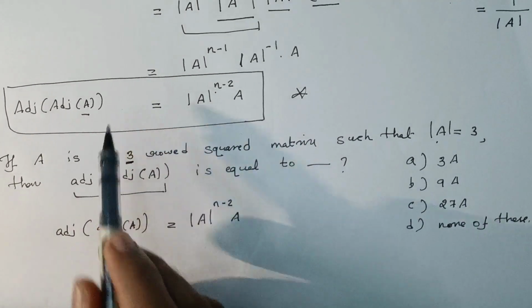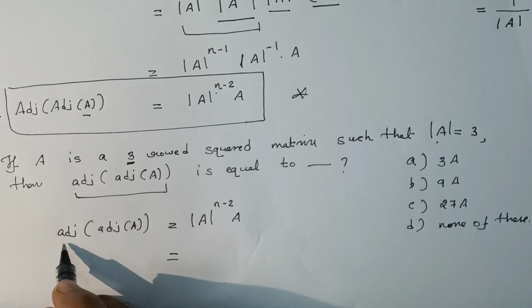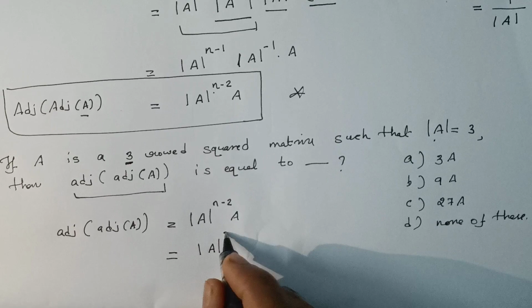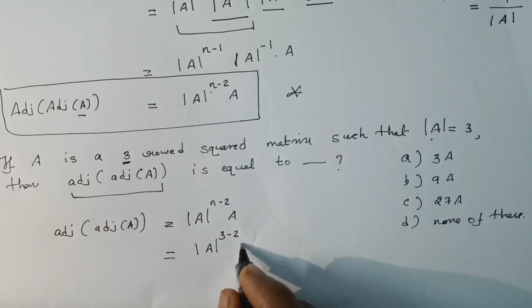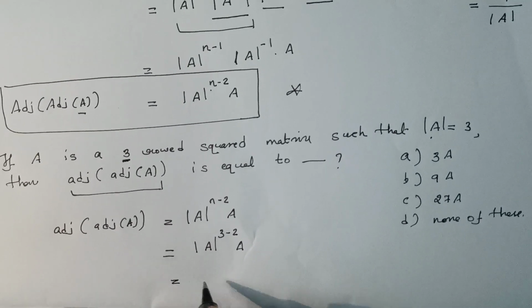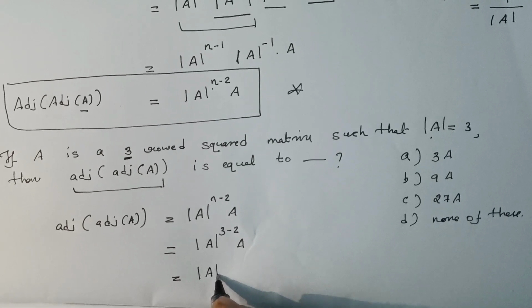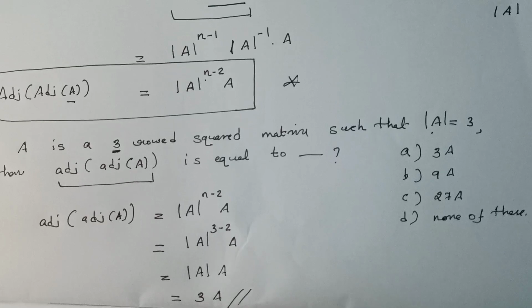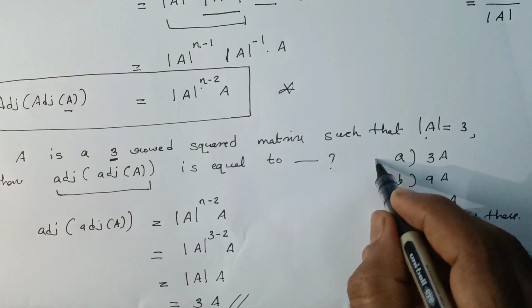So by applying this formula, adjoint of A equals determinant of A raised to 3 minus 2 into A, which is equal to determinant of A into A, which is equal to 3 times A. So the correct option for this question is 3A.